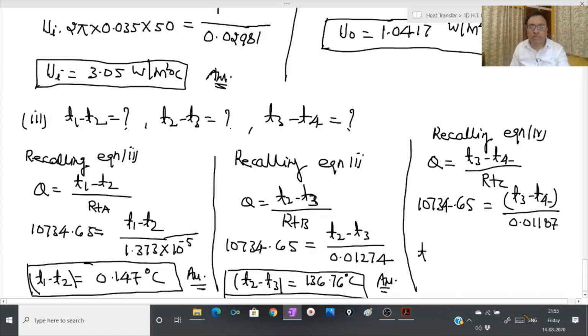So the value of this temperature drop across magnesia insulation comes out 0.42 degrees Celsius.